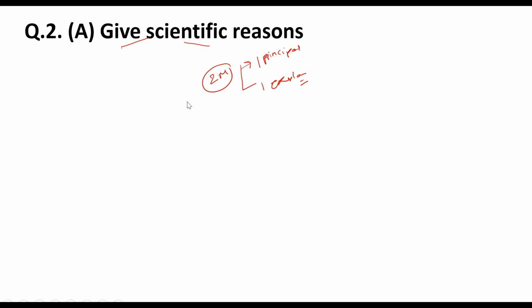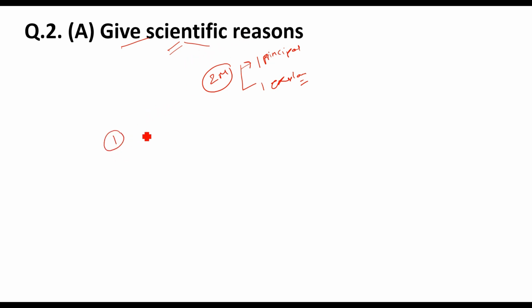Many times students write the answer of this question, and the marks get deducted in give scientific reason. First understand the meaning of scientific reason.